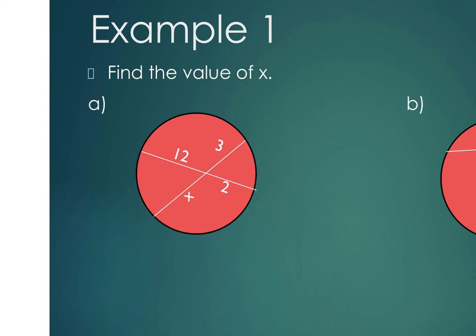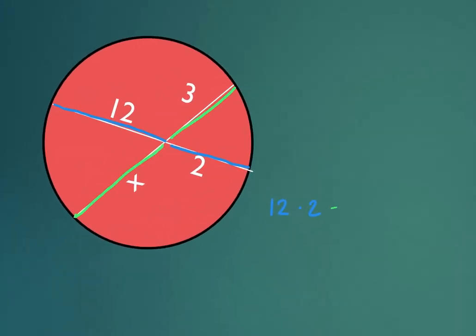We've got the segments 12 and 2, and we've got the segments x and 3. What should we multiply by each other? 12 by 2. Yep, we just take 12, multiply by 2, and we take x, and we multiply it by 3.